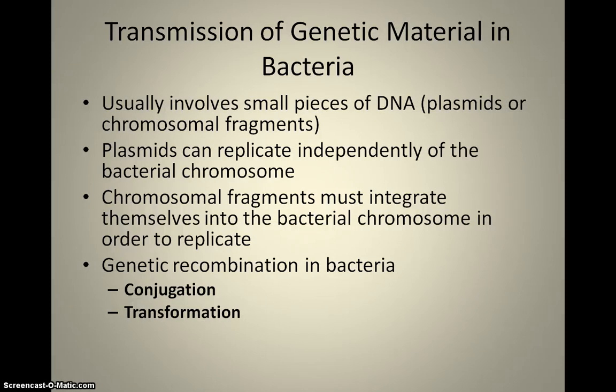Usually it's small little pieces of DNA, chromosomal fragments, or plasmids, and it can happen by either conjugation, so we know that's using a pili in order to move a plasmid from one organism to another, or by the process of transformation, where you basically just expose or upset a bacteria a little bit and their membrane becomes a little holey, and it allows the DNA actually to move in through the cell wall or in through the cellular membrane.